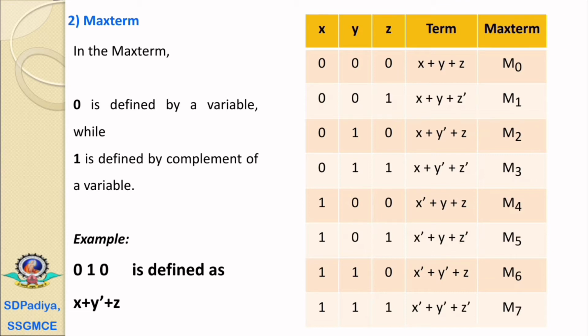These are defined as capital M: M0, M1, M2, M3, M4, M5, M6 and M7. Likewise, we can find a max term by replacing 0 by a variable and 1 by a complement of a variable.